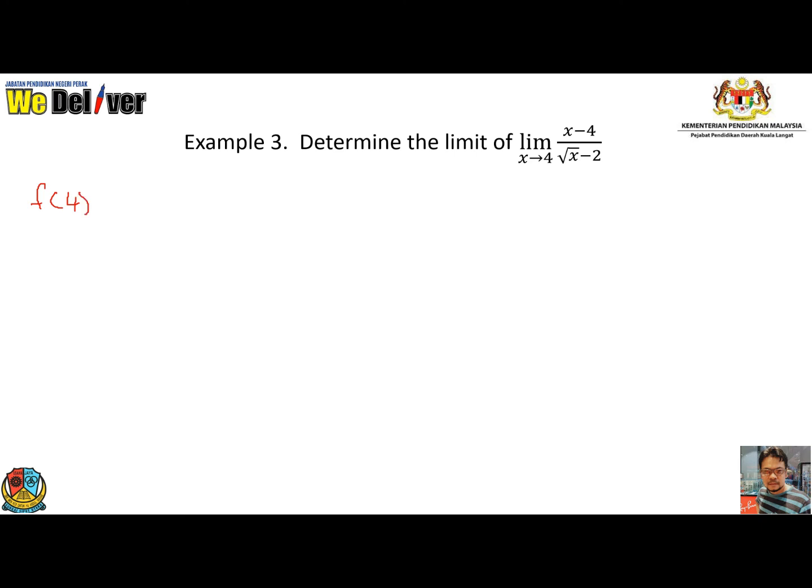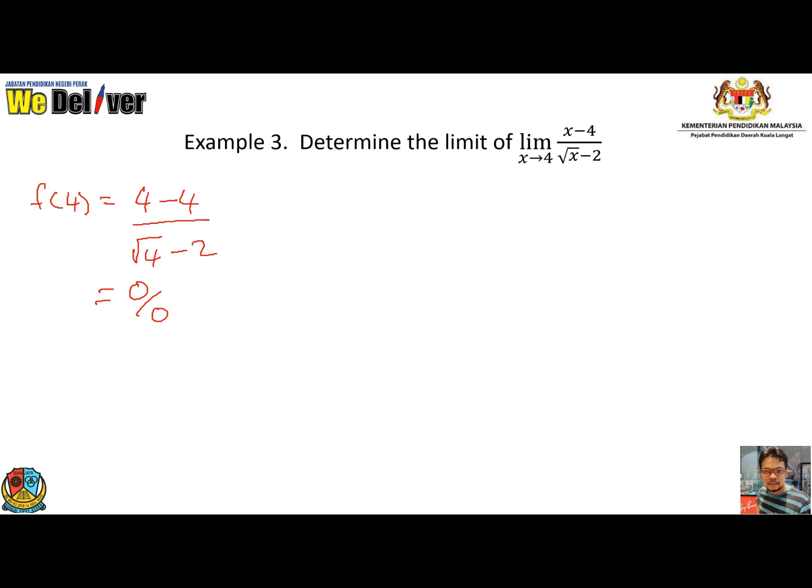Substituting 4 in the function, we get (4 minus 4) over (square root of 4 minus 2), which gives 0 over 0. So we need to use either factorization or rationalizing the numerator or denominator. But in this case, x minus 4 and square root of x minus 2 cannot be factorized, so we use the rationalization method.